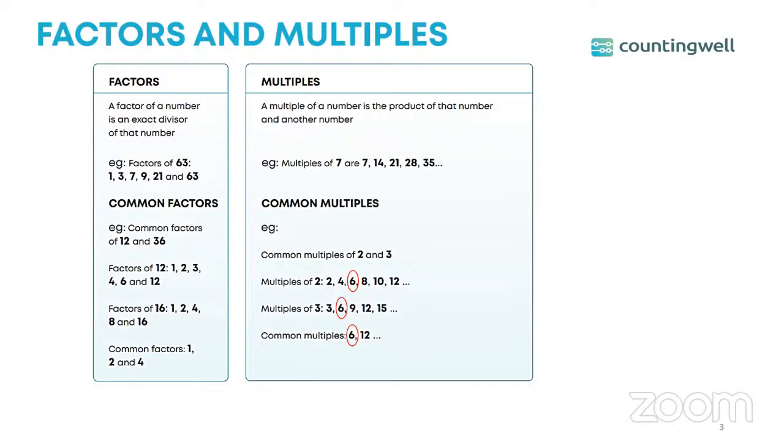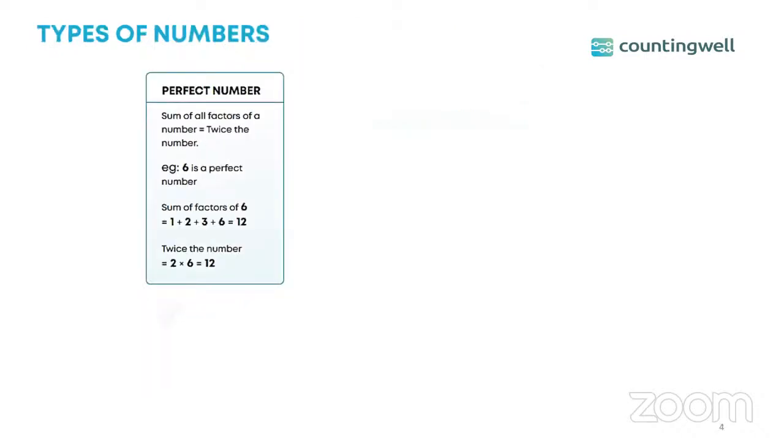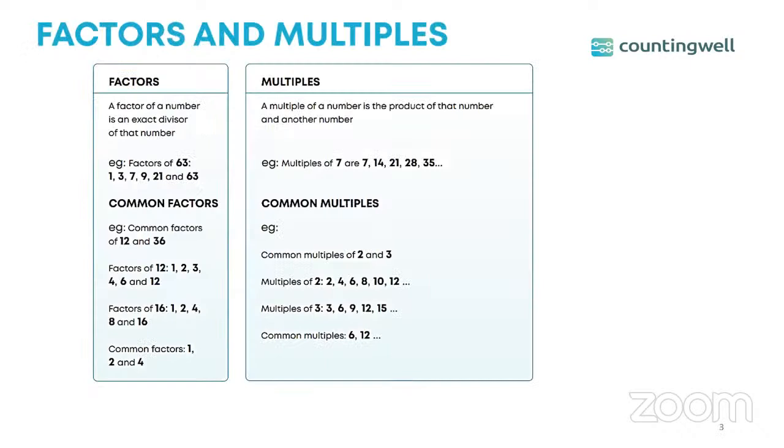We can see 6 is common among the multiples of 2 and 3. So we have 6 as a common multiple. Then we have 12 as a common multiple. In this way we have common multiples as 6, 12 and so on. The list is non-ending.